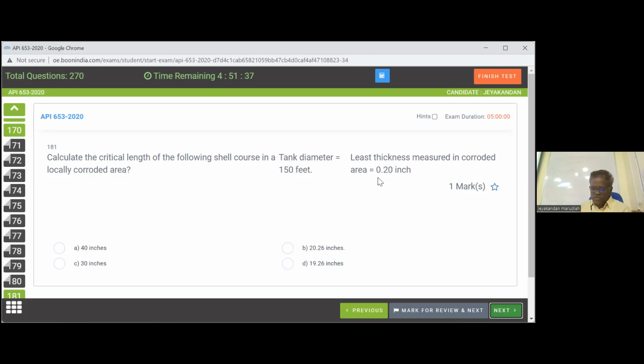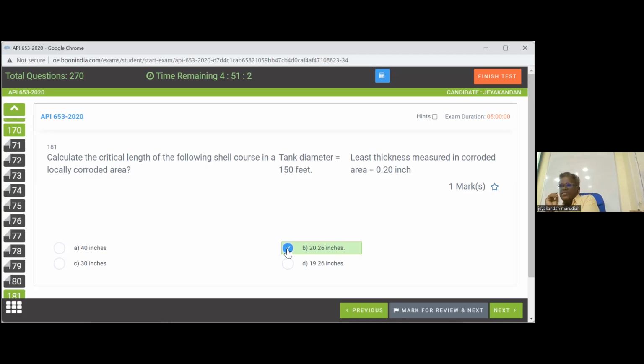3.7. So first you have to take the square root of D times T2. Diameter is 150 into 0.2, multiplied by 3.7. 20.26 it will come.